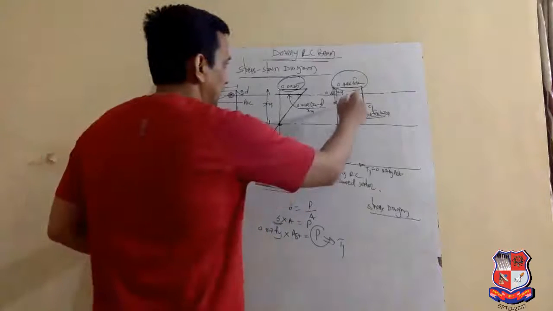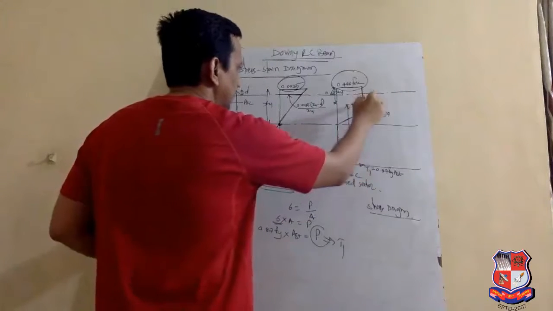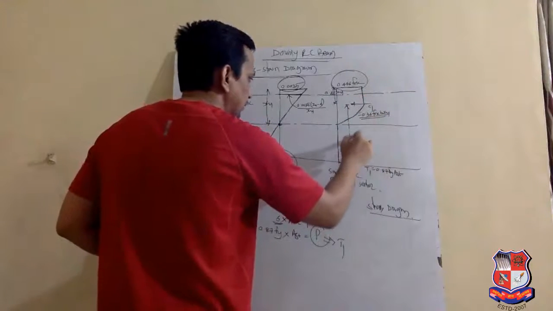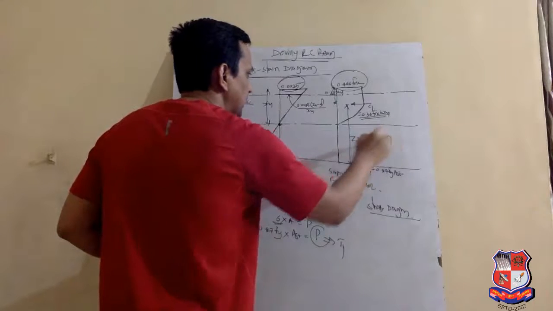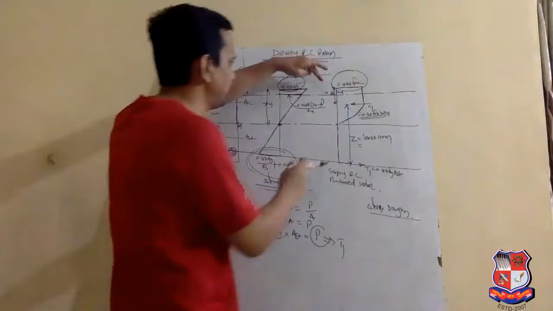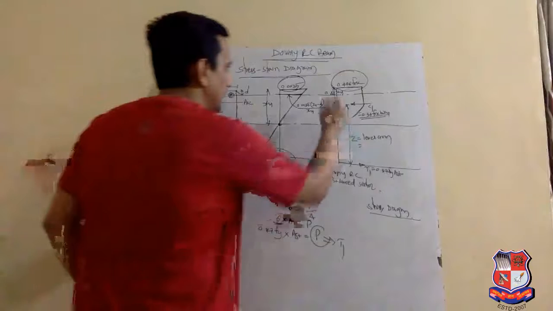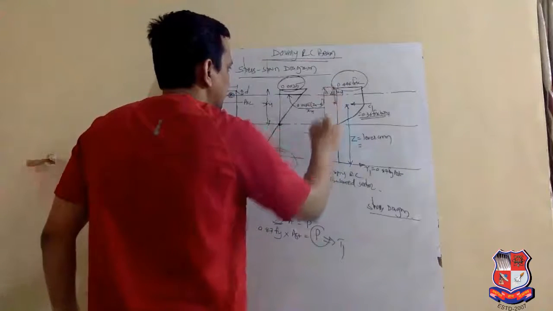The vertical distance between the total compressive force and the total tensile force is called Z. Z is called the lever arm. In this diagram, we can clearly see that this whole distance is the effective depth, d.